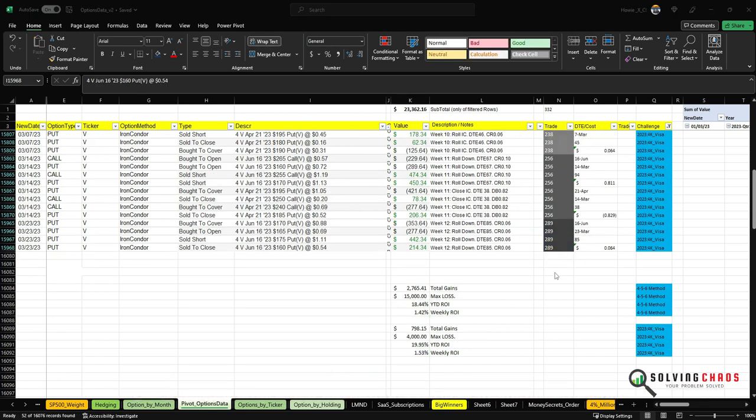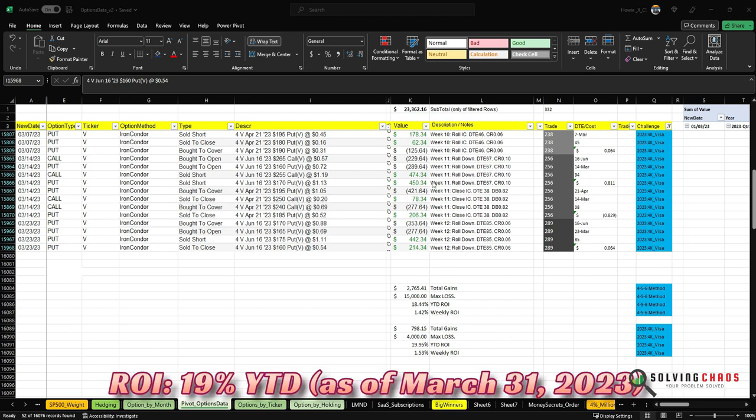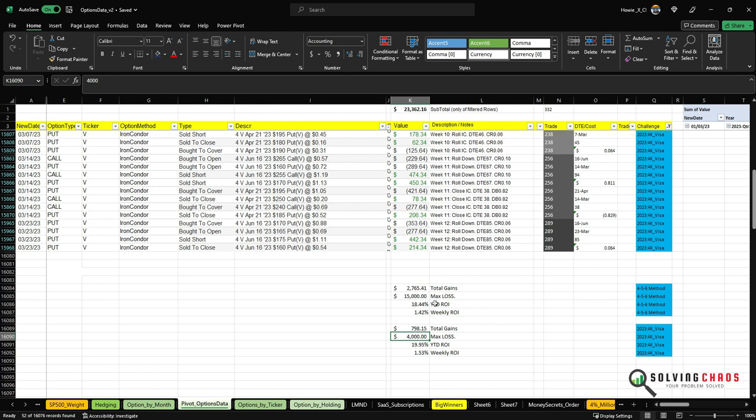The next thing I'm going to do is put a filter on 4K Visa, and this is what it looks like. I'm only using $4,000 on max capital or max loss, which is a nice return, 19% so far for this year.